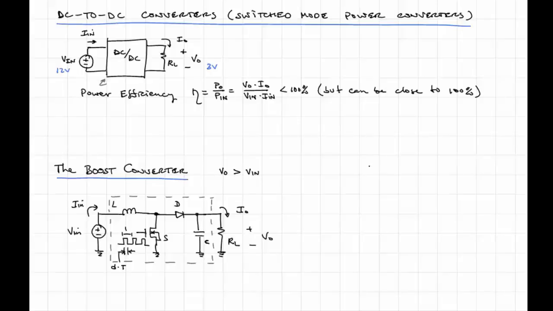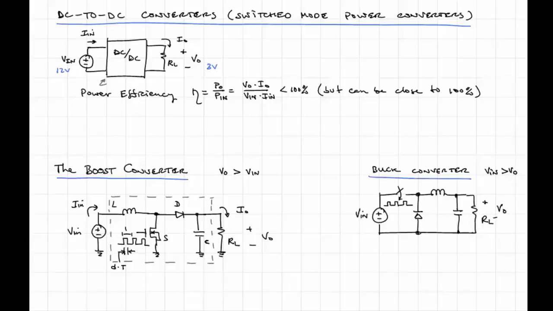There's another converter that we won't talk about here, but it's called the buck converter, and it is useful when you're trying to convert a voltage down to a lower voltage. Here I've drawn the schematic of the buck converter, and you notice it looks very similar to the boost converter.